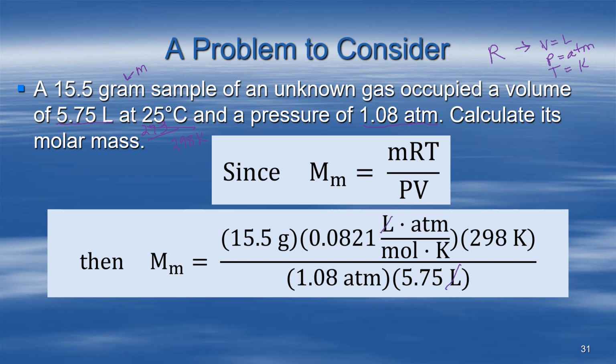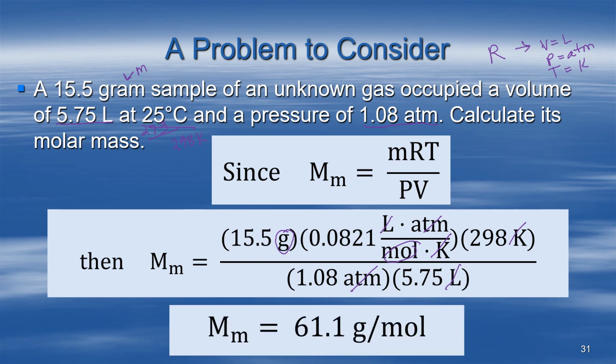Liters cancel, atmospheres cancel, Kelvin cancels. Our units will be grams divided by moles, which is the unit for molar mass, grams per mole. Everything else cancels, and we get 61.1 grams per mole.